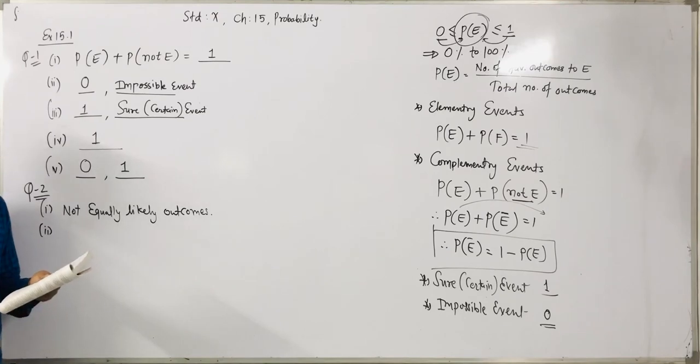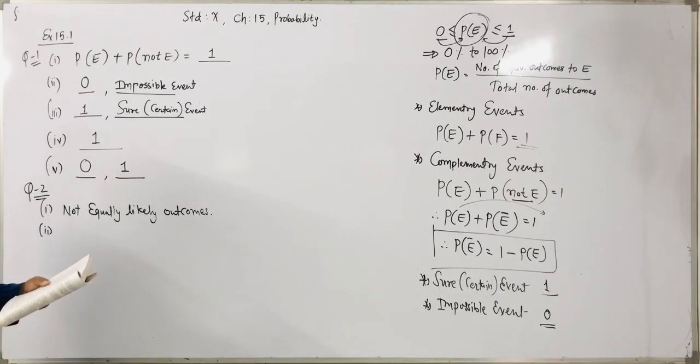Now the second question: a player attempts to shoot a basketball. She or he shoots or misses the shot.